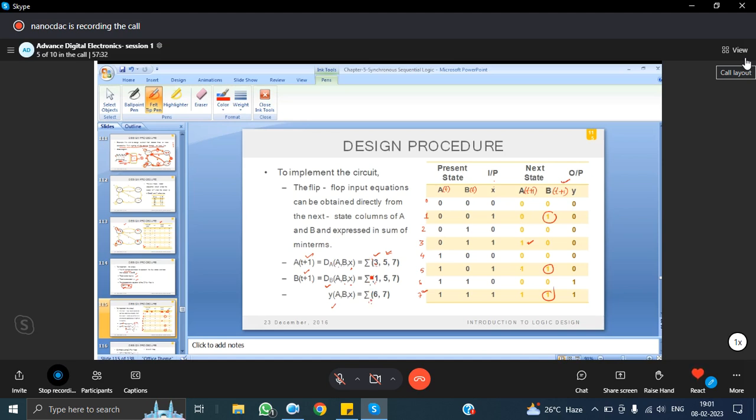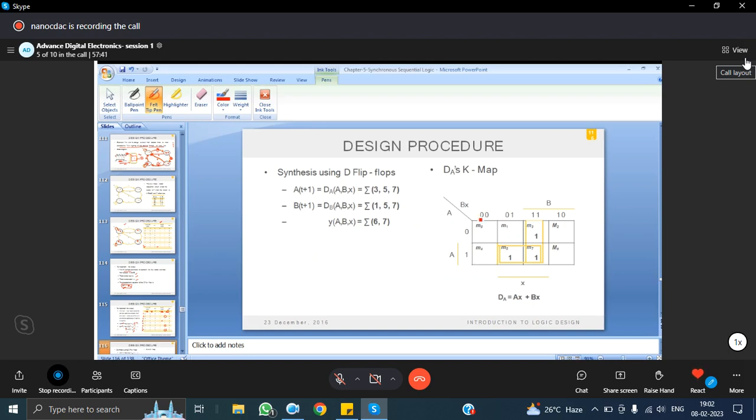Since we have 3 sets of equations, 3 functions, we get 3 K-maps, 3 equations. Okay, so look here, this is the K-map; no need to explain it again. So for dA, A of t plus 1 is nothing but dA, and B of t plus 1 is nothing but dB. dA is a function of ABX, dB is also a function of ABX.